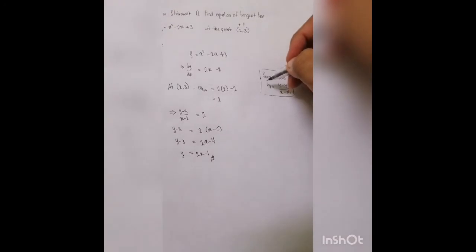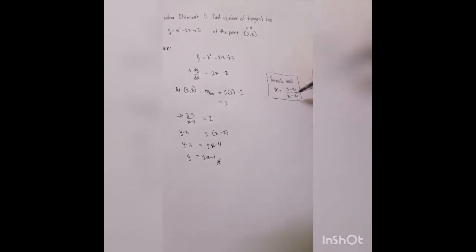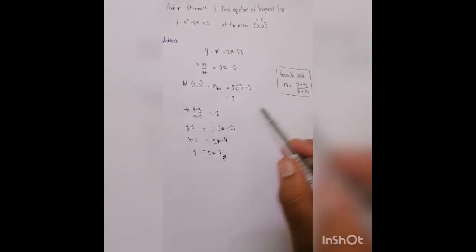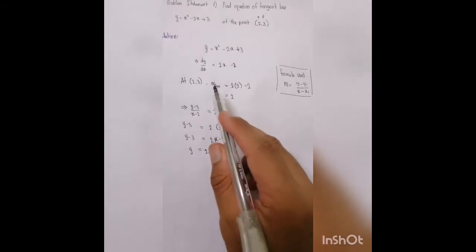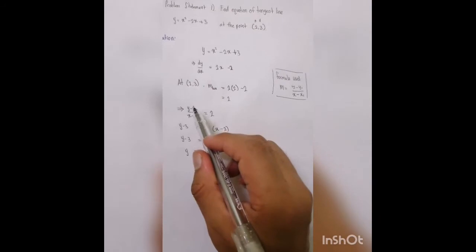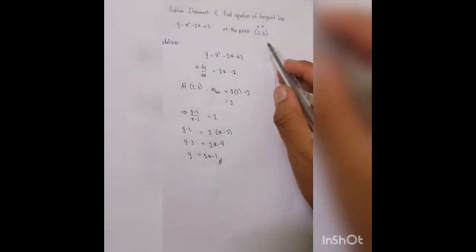So here is the formula that we use. Gradient equals (y minus y1) over (x minus x1). From this formula, we substitute the value of the gradient and the values of y1 and x1 from the point given.